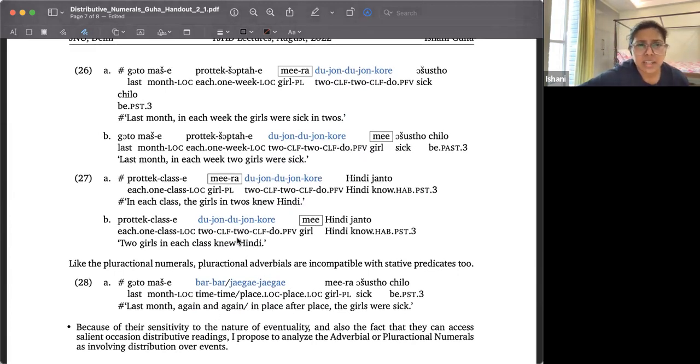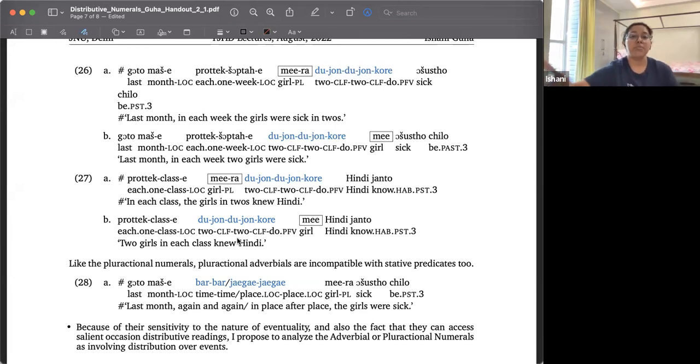Let me read them out. 26: last month, in each week, the girls were sick in 2s. I mean, that sounds very bad in English, because in 2s is the adverbial numeral in English. গত মাসে, প্রত্যেক সপ্তাহে মেয়েরা দুজন করে অসুস্থ ছিল। If you want to make it good, you have to use a non-stative, right?